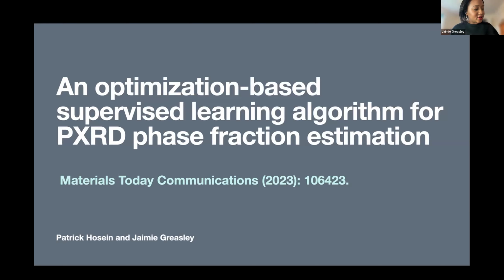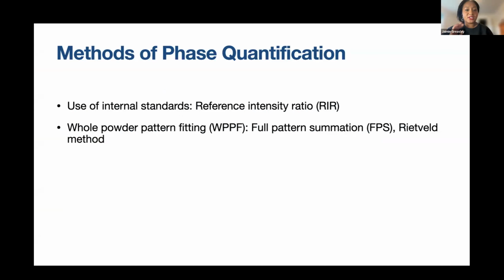Okay, so we talked about using the Rietveld method, which was the more complicated, more sophisticated method for phase fraction predictions, so predicting the quantities, but there are other methods. Typical methods for phase quantification include adding a standard to the sample that you want to test.